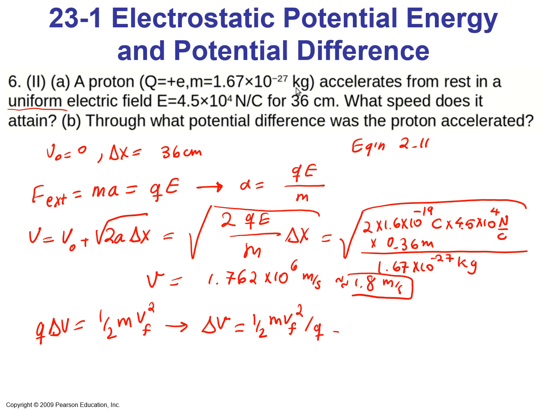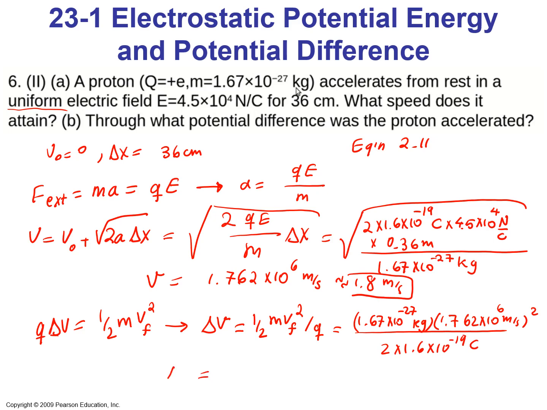Let's plug in the numbers. We have in the numerator the mass, 1.67 times 10 to the power minus 27 kilogram, times the velocity that we just obtained. Let's put the exact number, 1.762 times 10 to the power 6 meter per second, squared, divided by 2 times 1.6 times 10 to the power minus 19 Coulomb.